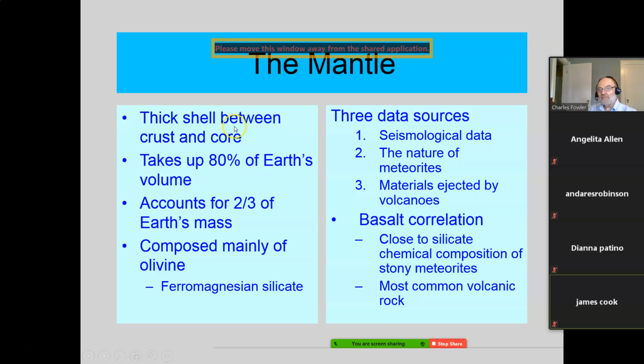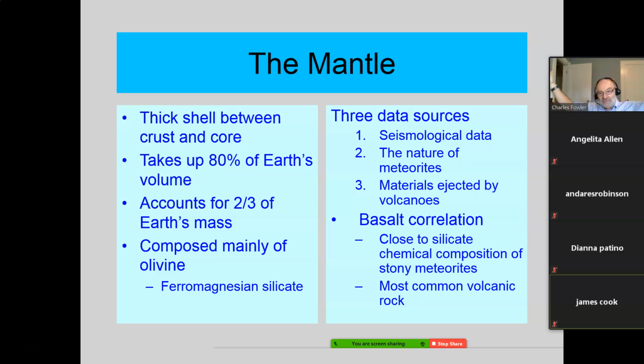So, a thick shell between the crust and the core. It takes up 80% of the Earth's volume. Okay, 80%. It accounts for 2/3 of the Earth's mass. That's only 67% of the Earth's mass. Why is that? Because the core is much denser than the mantle.